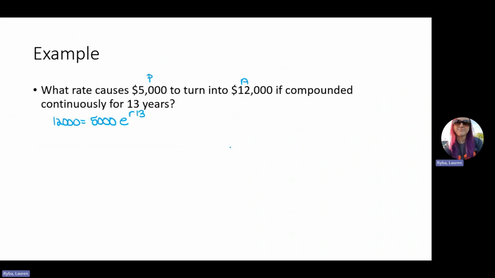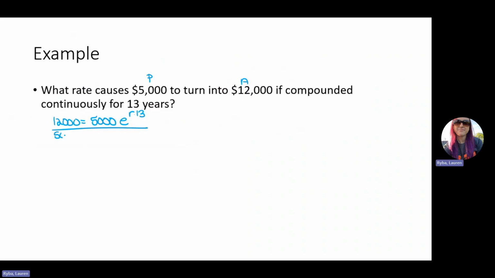Reason being is the e exponential is only undone with the natural log. So to make it easy, I just say always use natural log if you are solving these by hand to make sure that it'll always work.